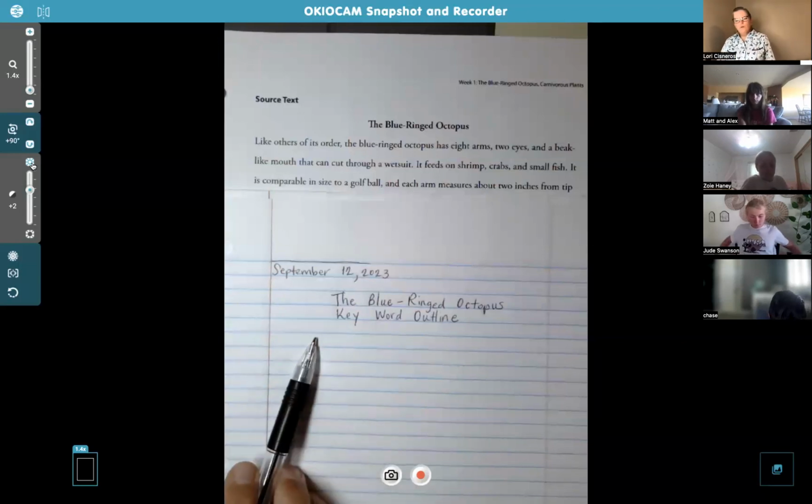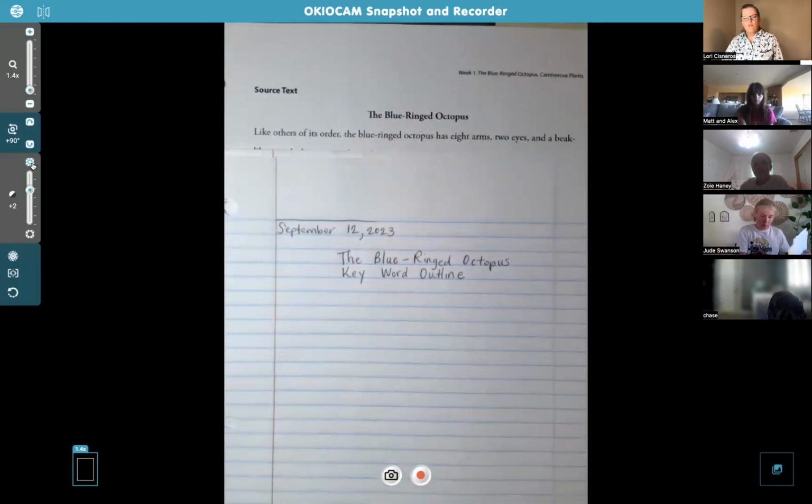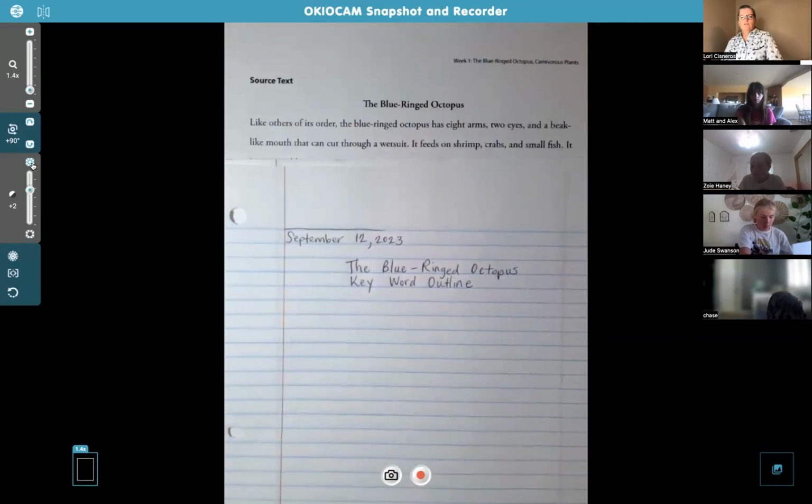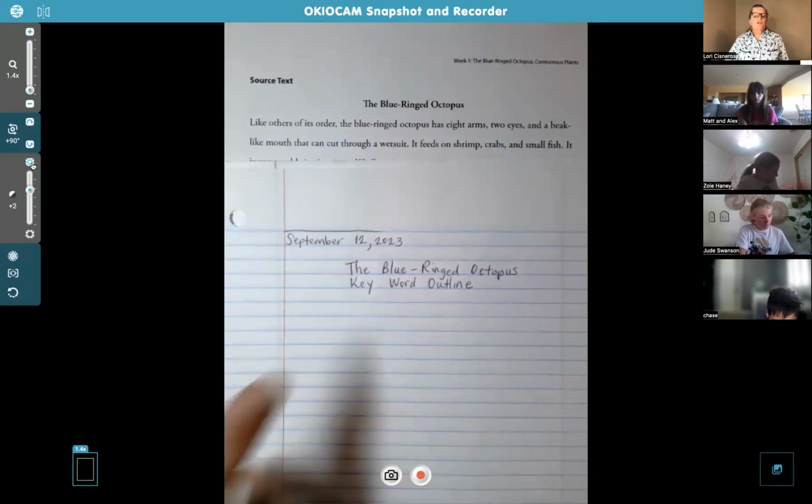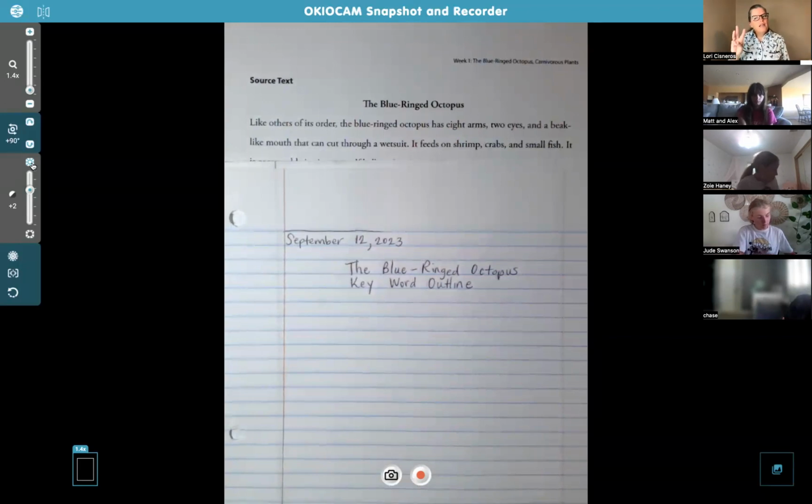Now there are some rules to the keyword outline, and we're going to go over those again, but this is the first time through. In your outline, you can only write 3 keywords for each sentence. But the good news is there's some freebies that you can use, like numbers and abbreviations and symbols.